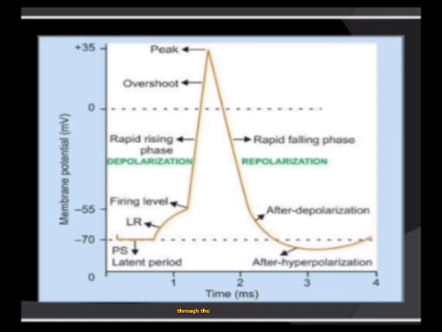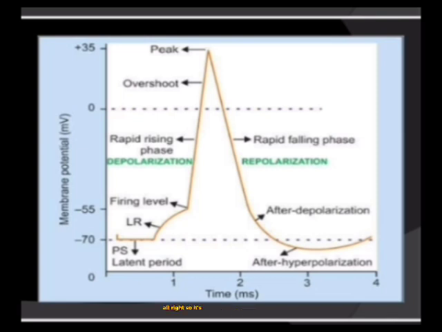Good. So the next stage is the overshoot. An overshoot simply means that the polarization has passed the 0 mark. It has moved completely from negativity to the 0 point, and it's going upwards to positivity.